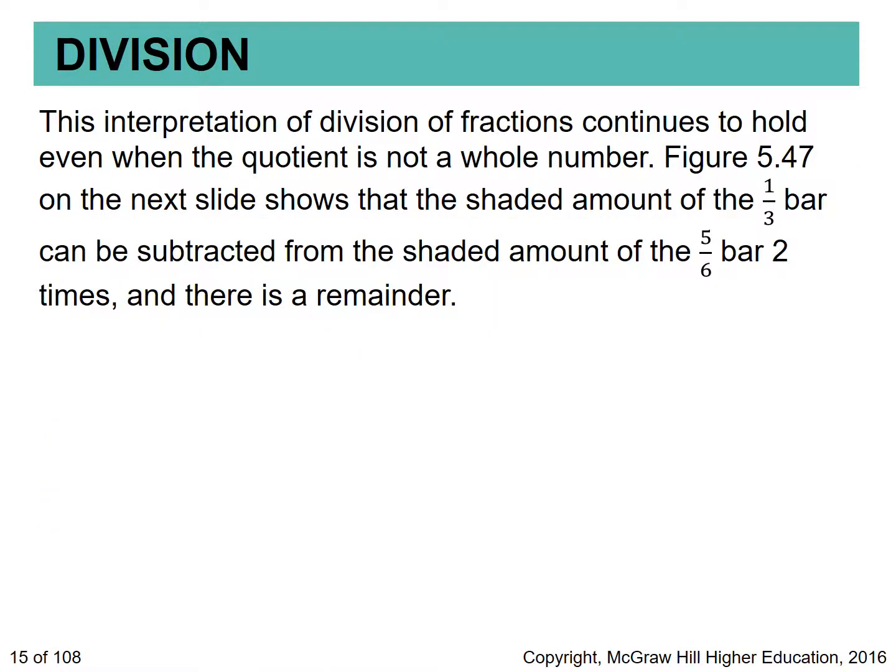So let's look at this. This interpretation of division of fractions continues to hold even when the quotient is not a whole number. Okay, so sometimes when you do your division, you have a remainder. We've seen that happen before with whole numbers. So the next slide is designed to show you what you do in that case.